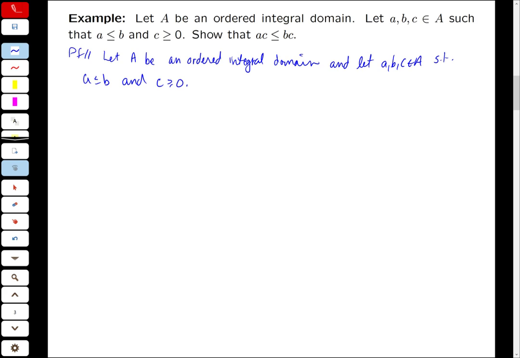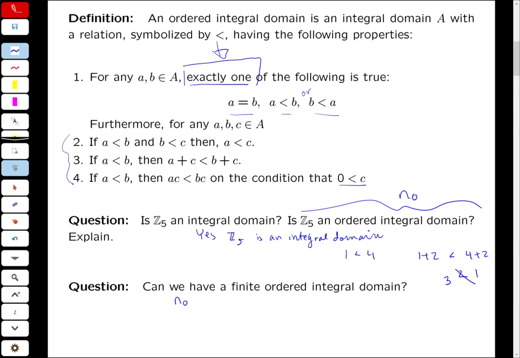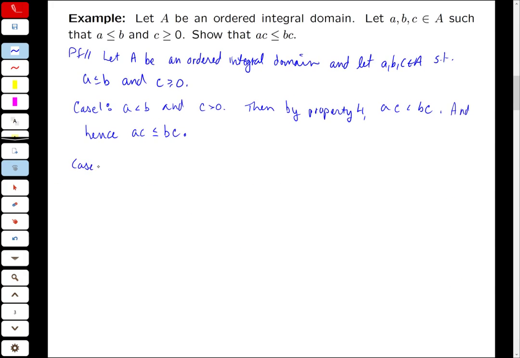Now I have cases. Case 1: a is less than b and c is greater than 0. Under this case, I can use my property, number 4. Case 2: a is equal to b and c is greater than 0.